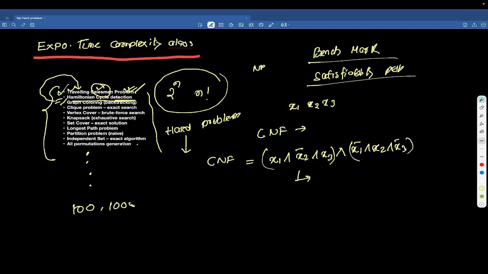Then the problem states that we need to find out the values of x1, x2, and x3 in such a way that the equation evaluates to a truth value of true. We need to find out all the solutions, and since x1, x2, and x3 are binary variables, they can take either a value of 0 or 1.